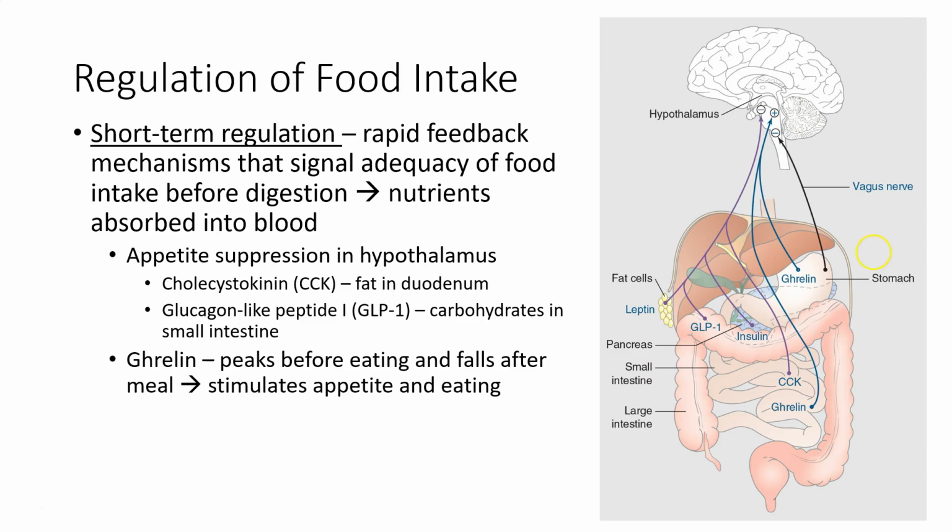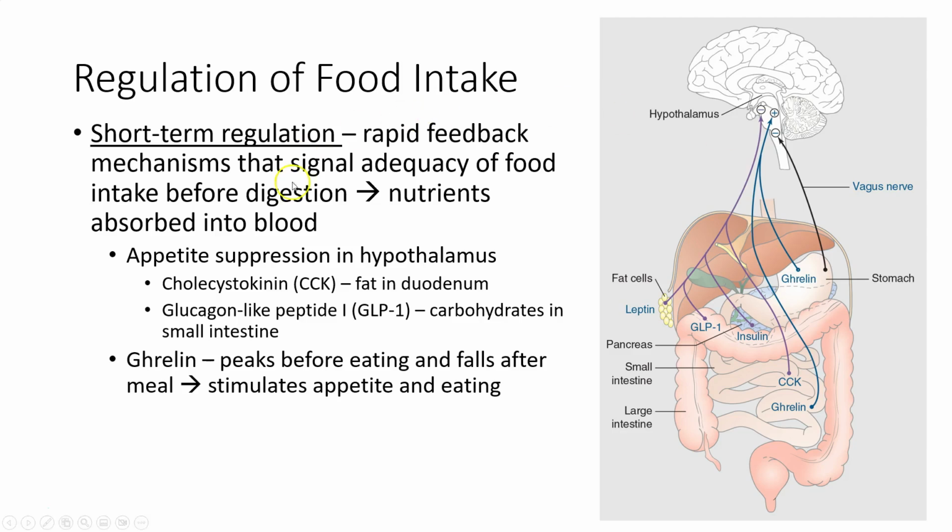When we eat, after about 20 minutes, usually the hypothalamus will signal the suppression of appetite. This is why, for example, if you go back and get seconds right after you finish the first plate, you may not feel full yet. But if you wait 15-20 minutes, you may feel satisfied from that meal.